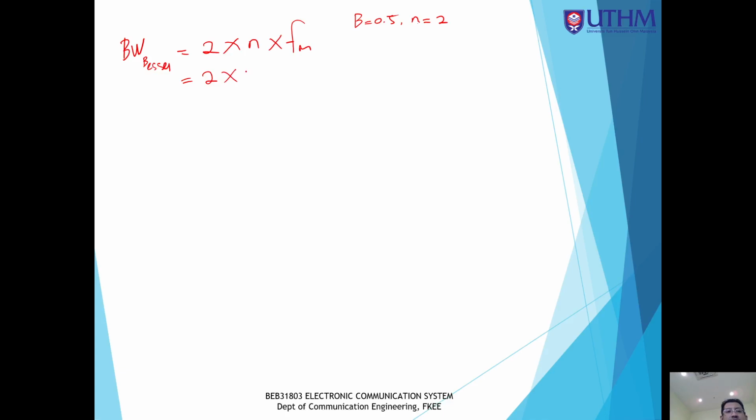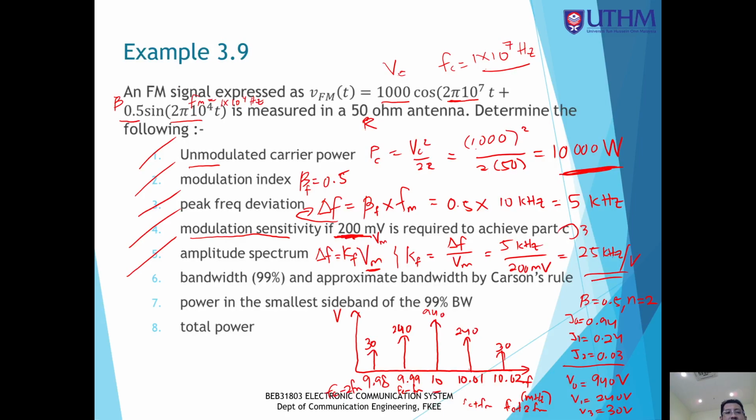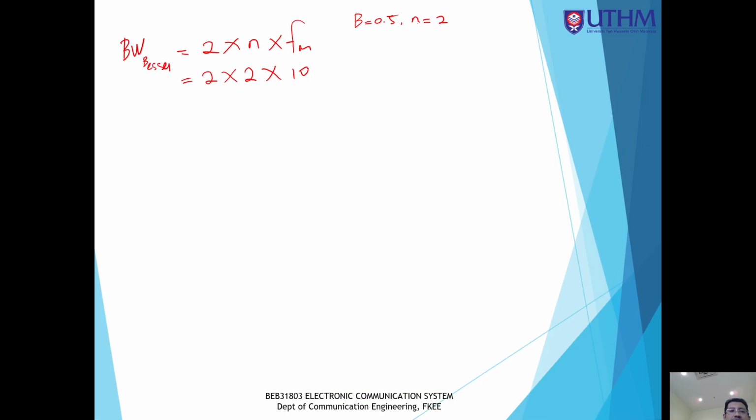So 2 multiplied by 2, multiplied by the modulating signal frequency of 10 kilohertz, is equal to 40 kilohertz.